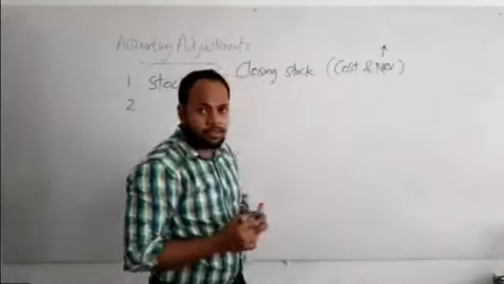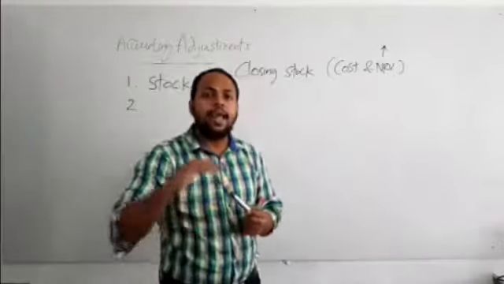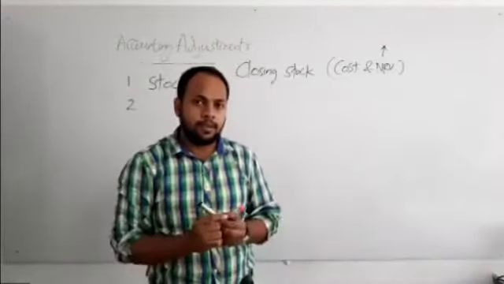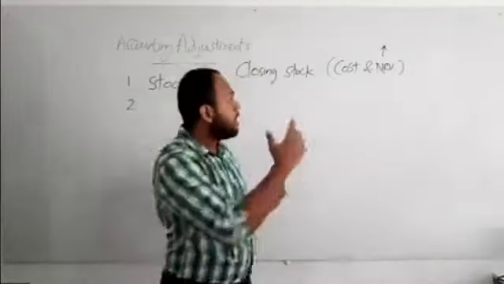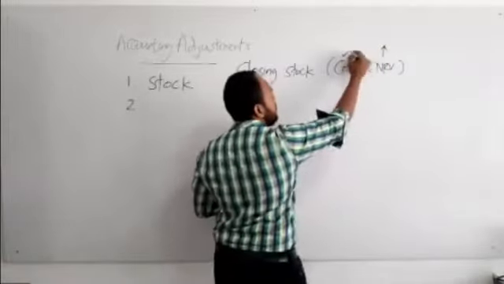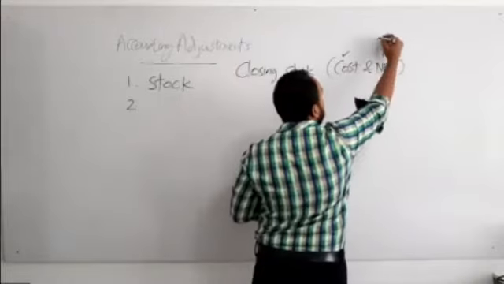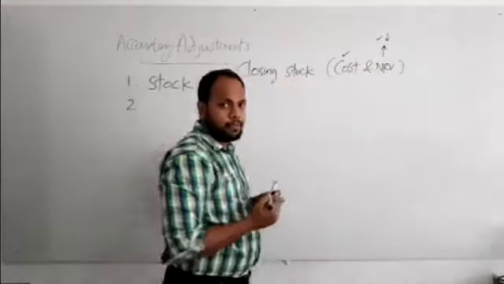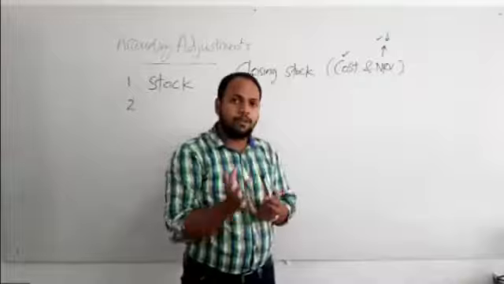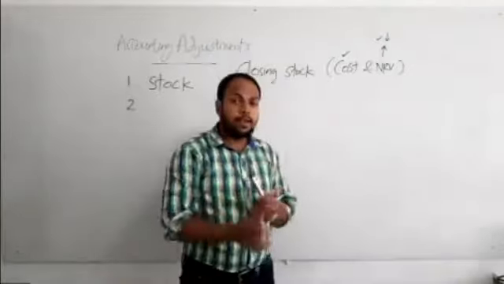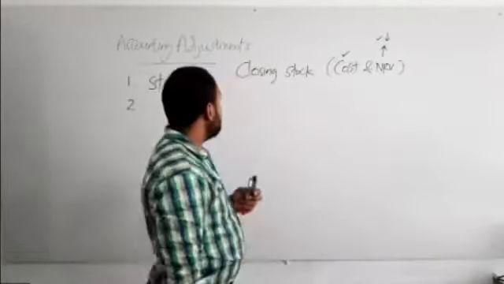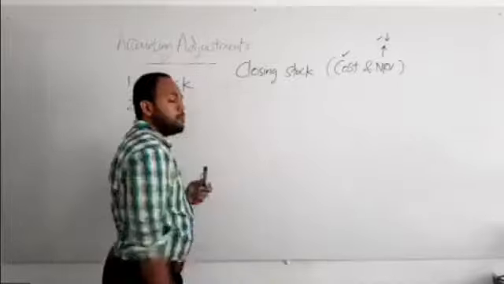NRV means the net realizable value, that is expected future price. So if the expected future price is higher, we will take the cost. If the expected future price is lower, we will take the NRV. Right? The difference, we need to write off that adjustment. We can discuss under the closing stock adjustment.